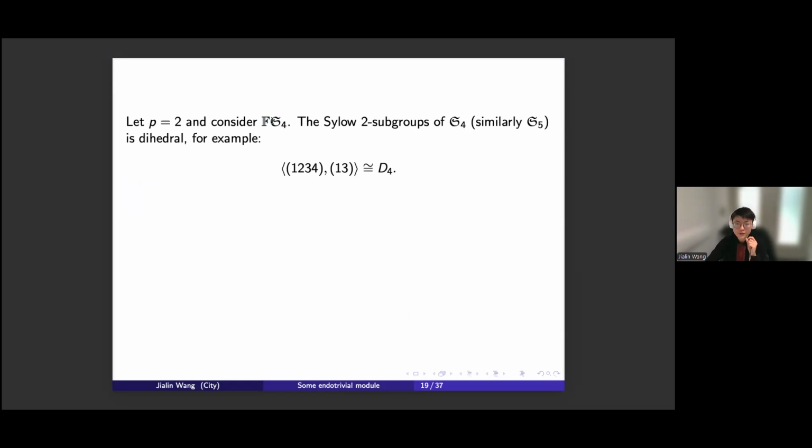First of all, S4 has order 4 factorial, which is 24. So the 2-part will be 8. So you will have Sylow 2-subgroups of order 8. In fact, the Sylow 2-subgroup of S4 is isomorphic to D4, so it's dihedral. We can pick, for example, the subgroup generated by the permutation (1 2 3 4) and the permutation (1 3).